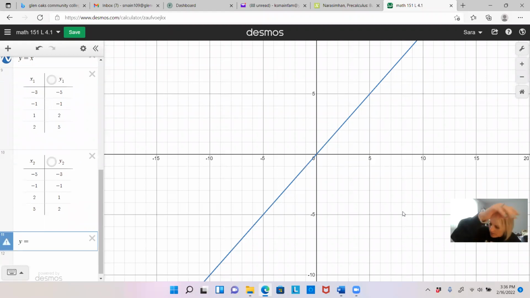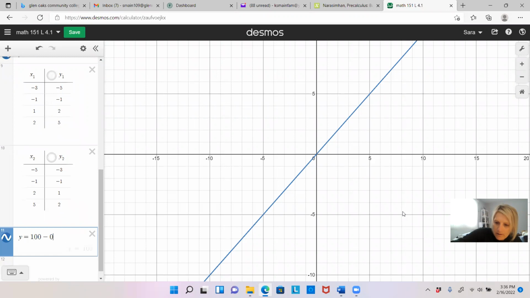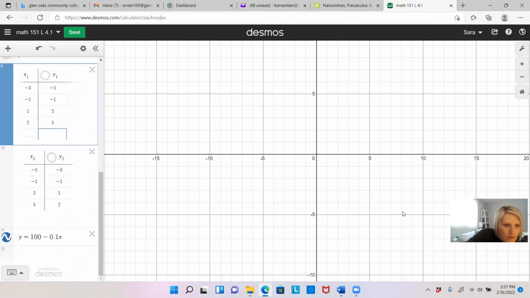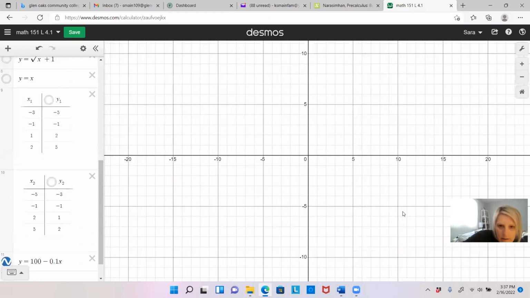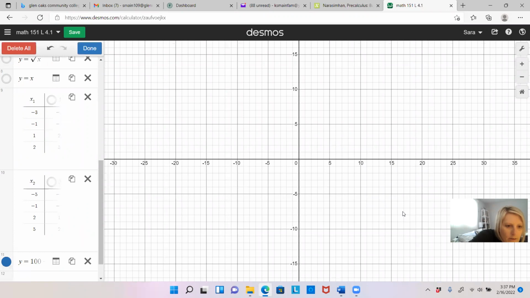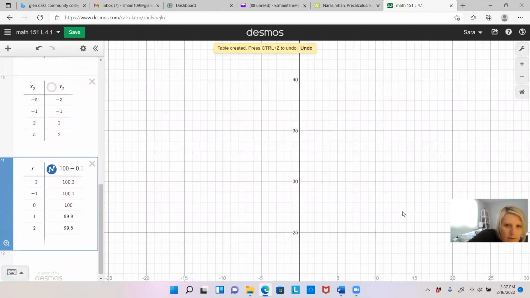Y equals 100 minus 0.1x. And I'm going to go up and turn this other thing off here. Okay. And we can't see it, so, did I put it in right? Y equals 100 minus 0.1x. Okay. So we have to adjust it. So I'm going to create the table so I can use my magnifying glass, and there we go.